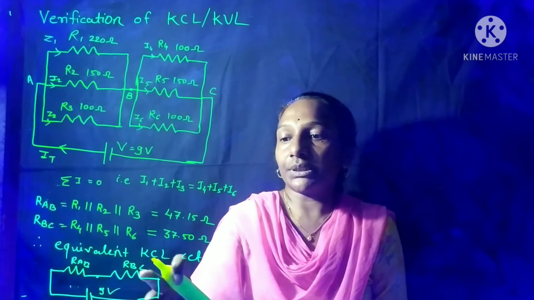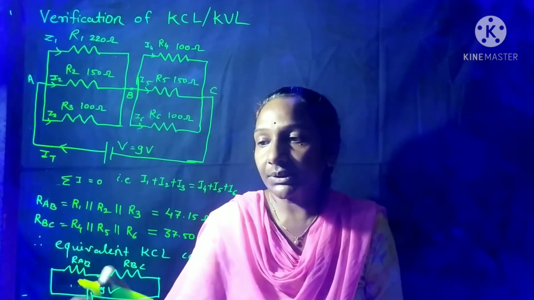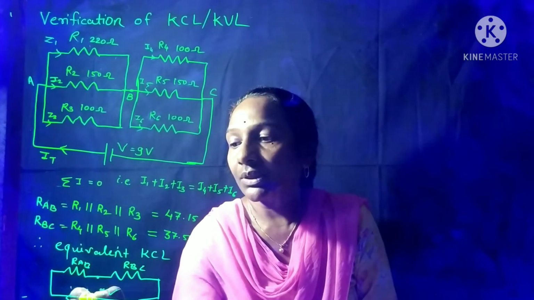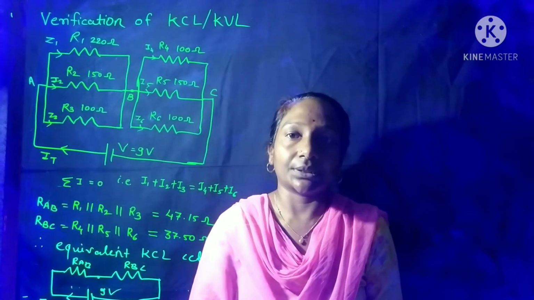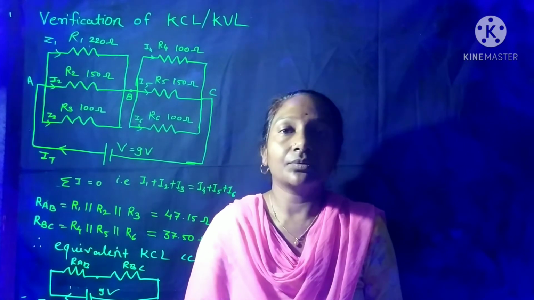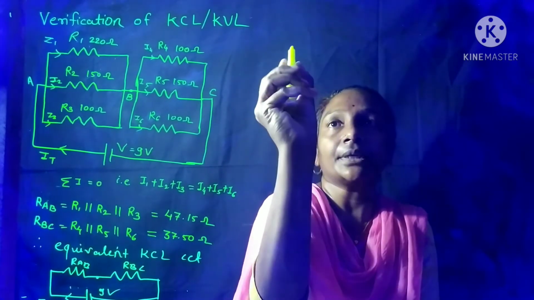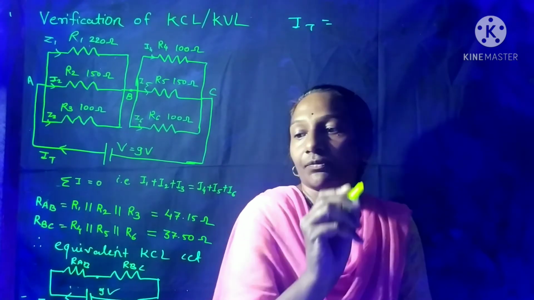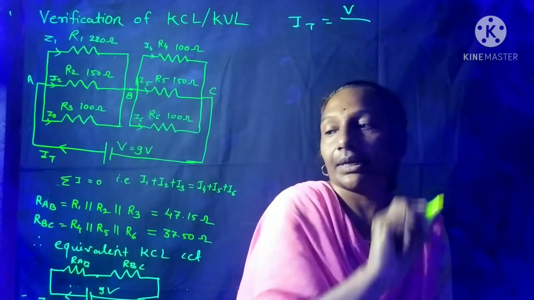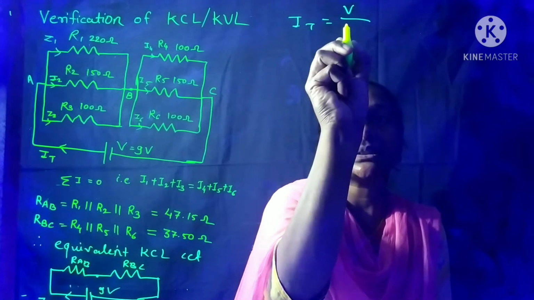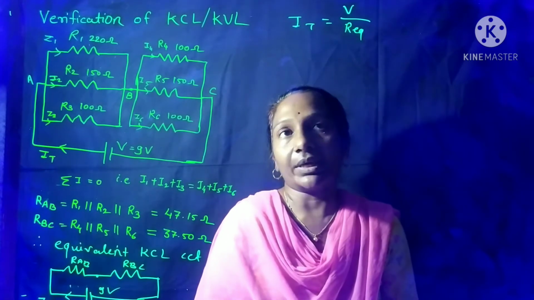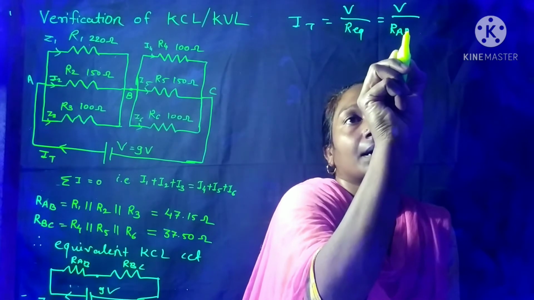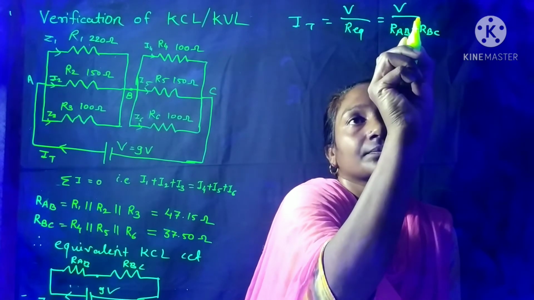Now this is equivalent to the KVL. We require the total current IT flowing through this circuit. Now it is easy to calculate the total current IT. IT is equal to the voltage V divided by the total resistance, called the R equivalent, where R equivalent is equal to the summation of RAB plus RBC.